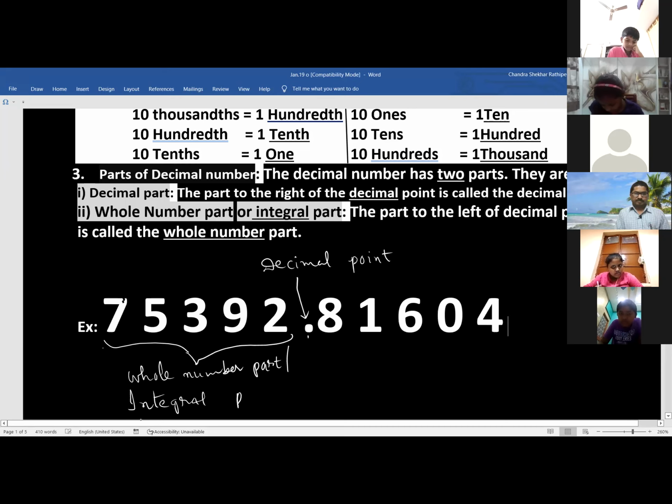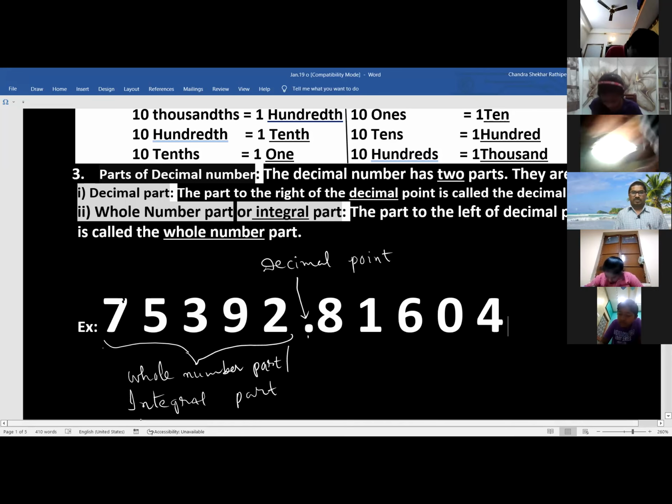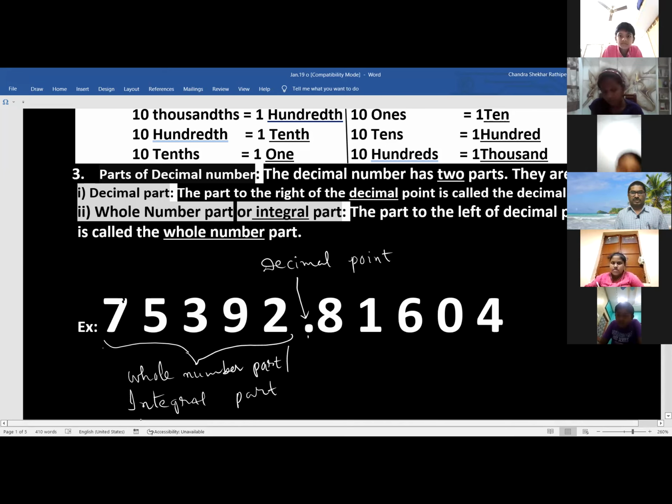Children, while writing only, save it in your mind. After completing my class, I will ask this. Everyone, focus while writing.